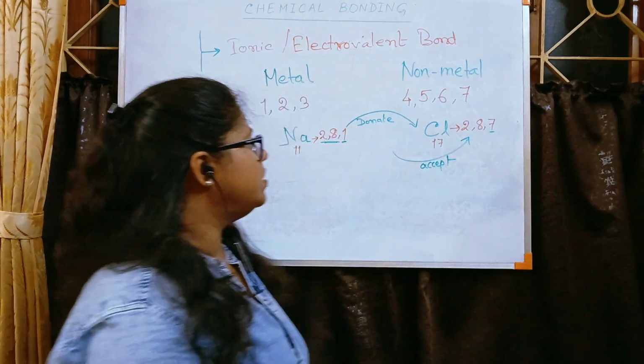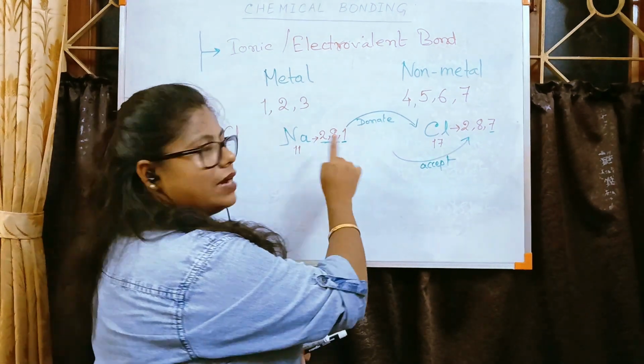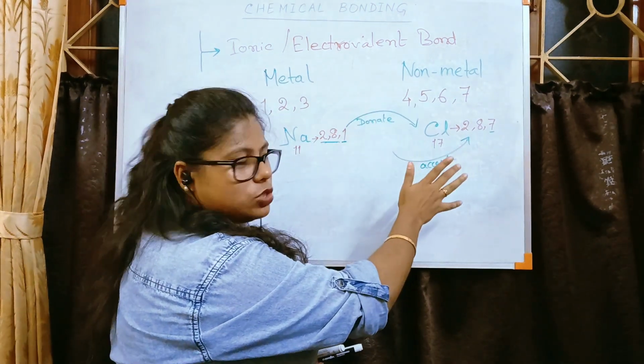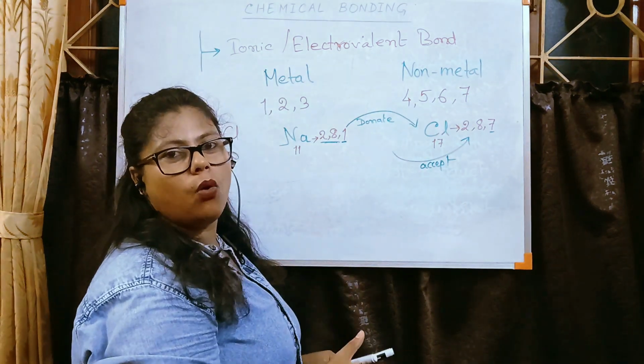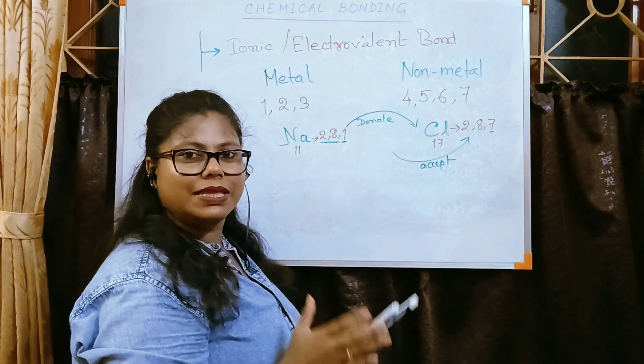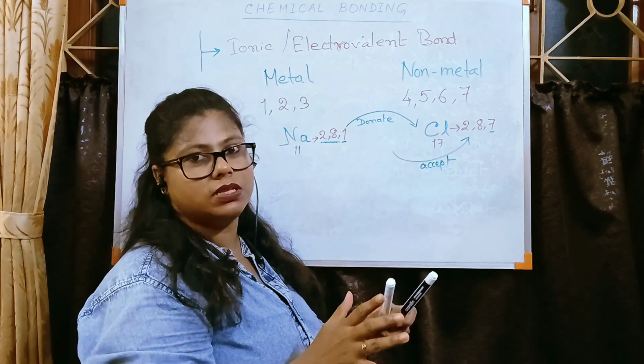Okay, so in this, the metal is going to donate an electron, and the non-metal is going to accept an electron, and that's how they attain their respective stability and form a very strong bond.